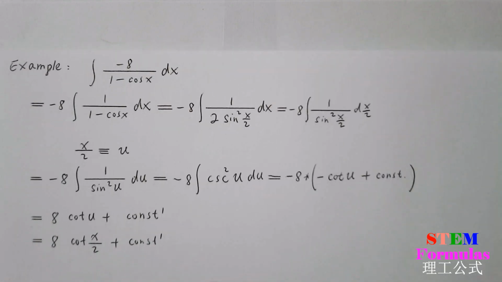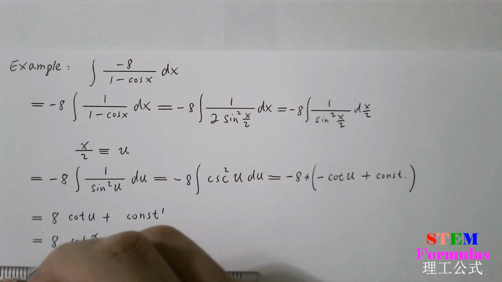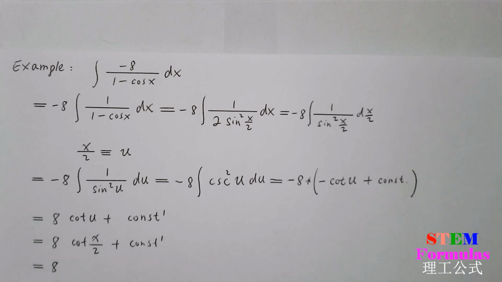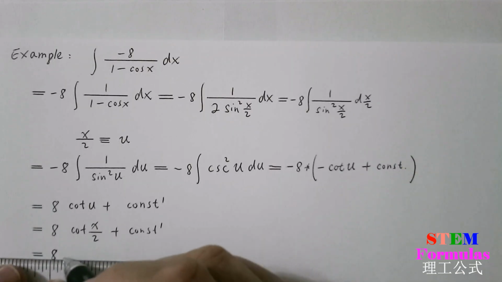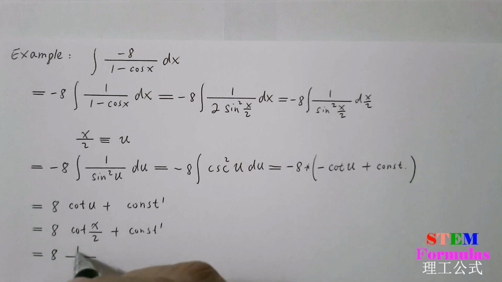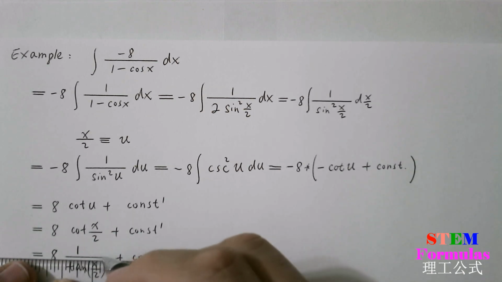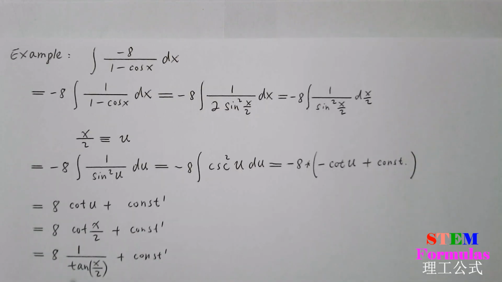And if you want, you can express the result as 8 times 1 over tangent x divided by 2 plus constant. So both results are good.